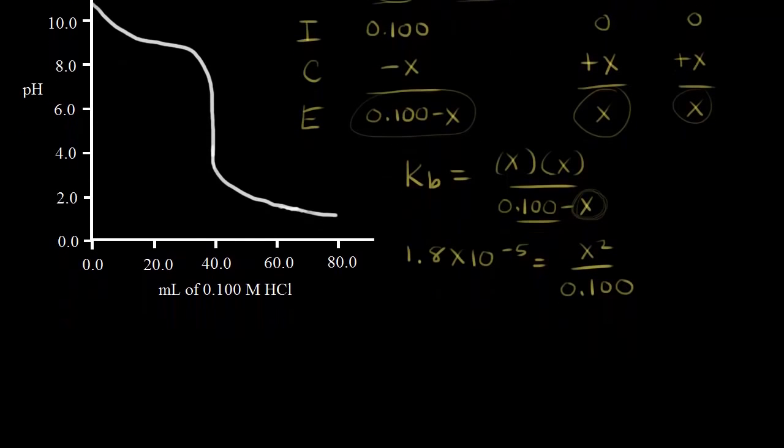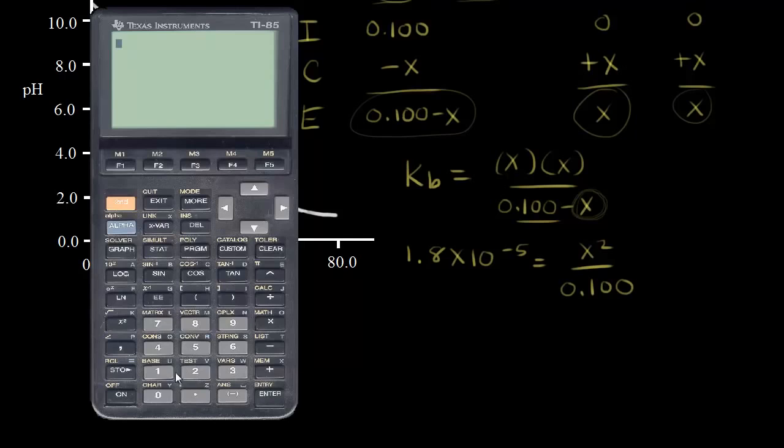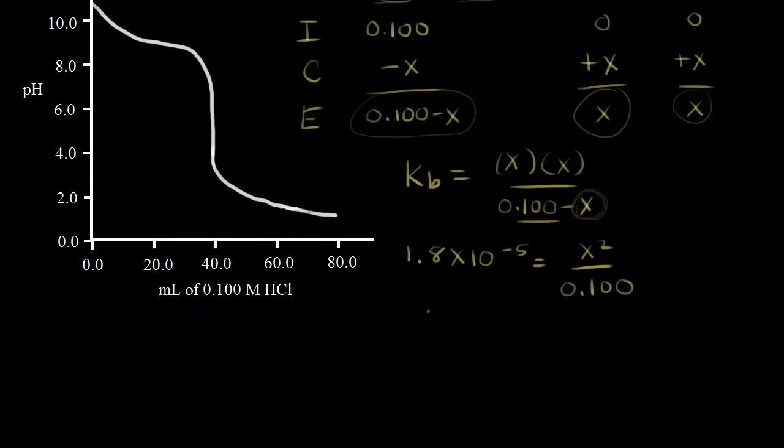So let's get a little bit more room here and take out the calculator. We have 1.8 times 10 to the negative 5. We need to multiply that by 0.1 and then take the square root of that. So we take the square root of our answer and we get X is equal to 0.0013.